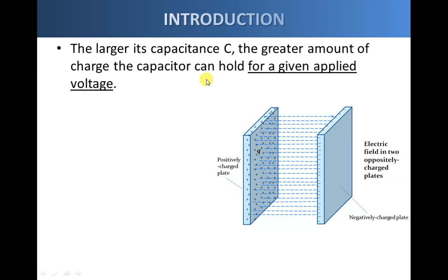So if we have a larger capacitance, what that really means is that the capacitor can hold more charges on the plates for a given applied voltage. One plate being positive and one plate being negative.